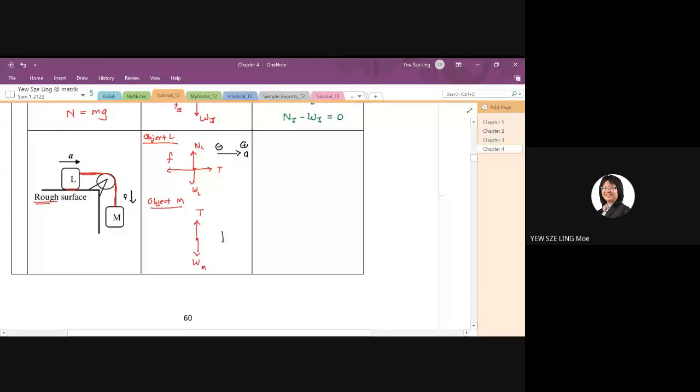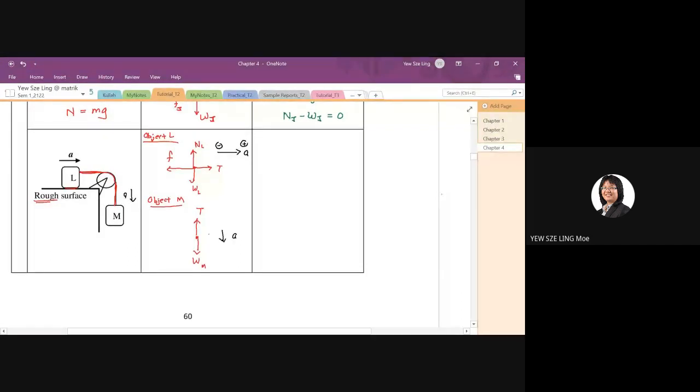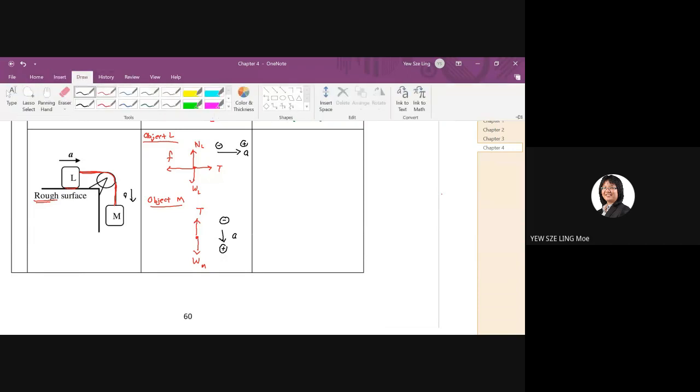Therefore, your A should be going downwards. Now we are going to take downwards as our positive direction and upwards as negative. Because we don't want to modify the equations of Newton's second law, we change the direction of the sign convention. So let's see how we are going to form the equations.